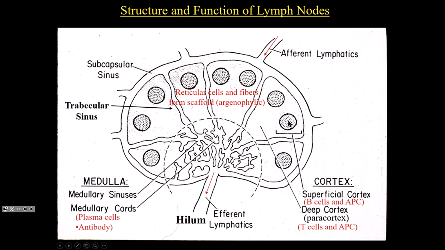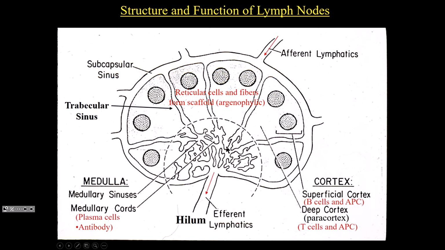Remember, nodules are non-encapsulated aggregations of lymphatic tissue. And we see these nodules more towards the cortex. Okay, and that's where we'll have an aggregation more of B cells here and also in the medulla.